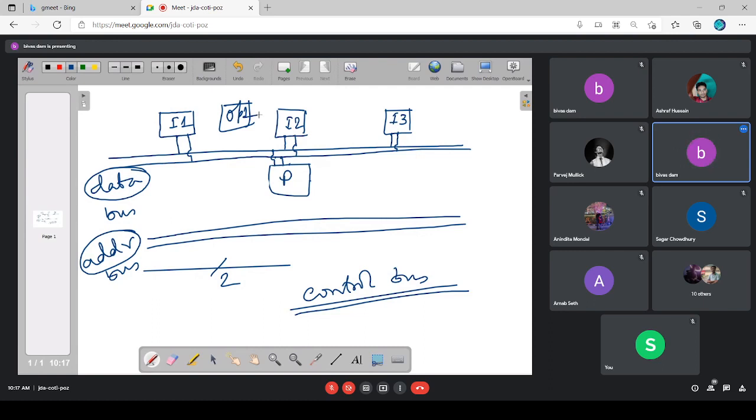Now, what the processor will first do is transmit or load one address onto the address bus. Either this address bus will individually go to all the IO devices, or it will simply go to one decoder.